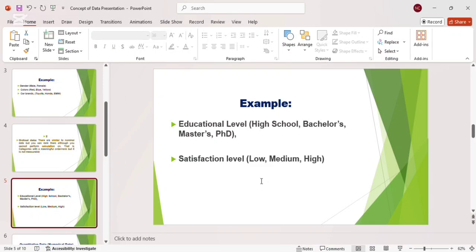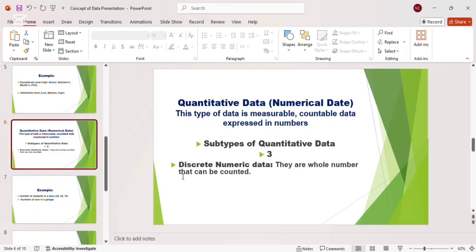Now, moving to quantitative data, which is numerical data. This type of data is measurable, countable, and expressed in numbers. Subtypes of quantitative data. Number 1, discrete numeric data. They are whole numbers that can be counted.